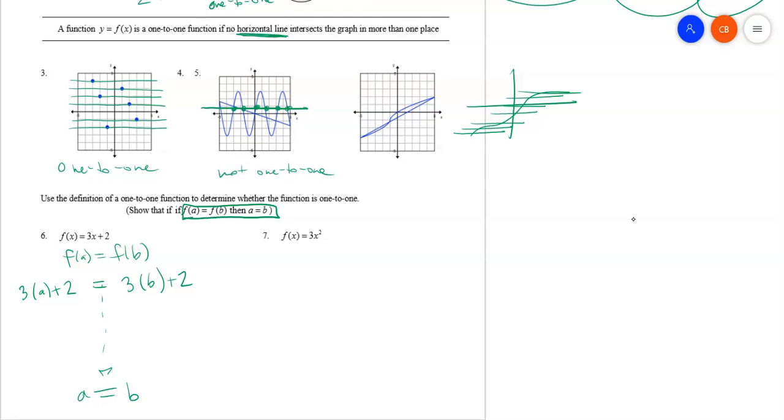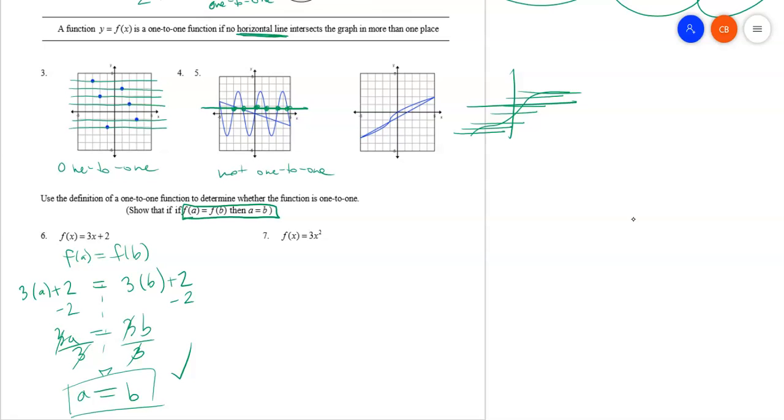It looks like this is actually going to work. We can cancel the 2 off of both sides by subtracting 2 from both sides. Then it goes 3a equals 3b. Then we can divide by 3 on both sides. The 3's cancel, and we end up with this statement, a equals b. And so this one is one-to-one and checks out.